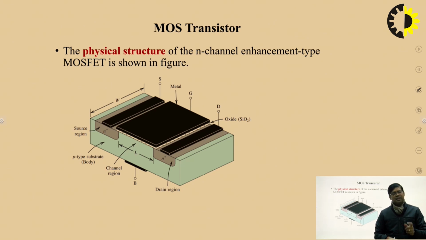Whereas the enhancement type MOSFET is one where a physical channel is not created at the time of fabrication. Rather, in enhancement type MOSFET, the channel is induced by external bias, by applying an external voltage across the gate terminal.